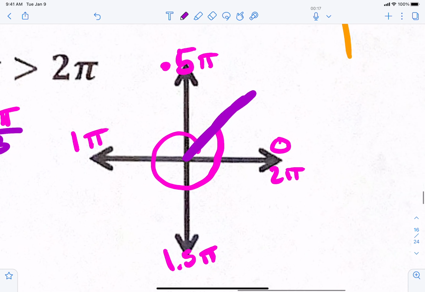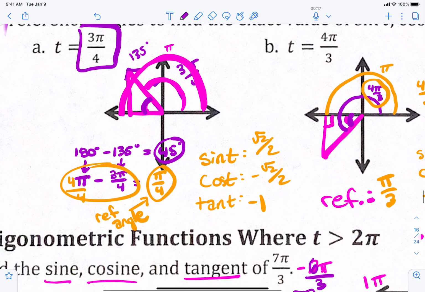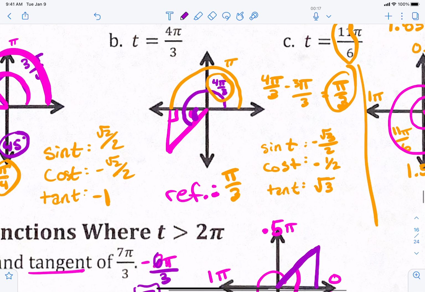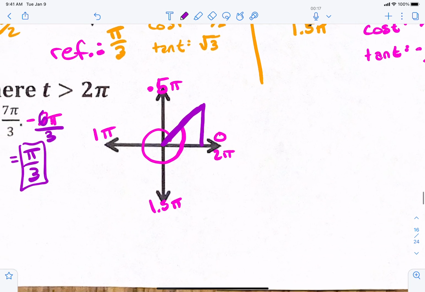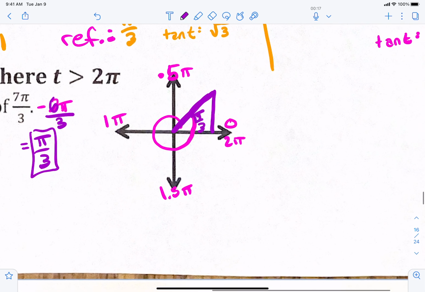First quadrant. Okay, so if I make this into a reference angle, we haven't had one in the first quadrant. This was in the second quadrant. This was in the third quadrant. This is in the fourth quadrant. Okay? This guy's angle is pi over 3. What is his reference angle? Pi over 3.